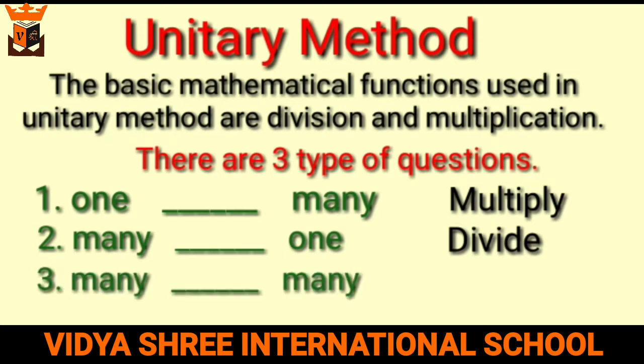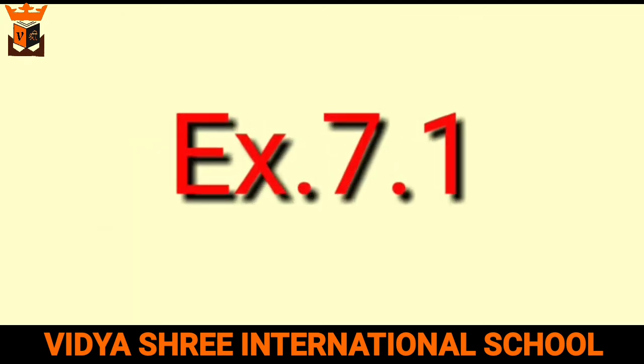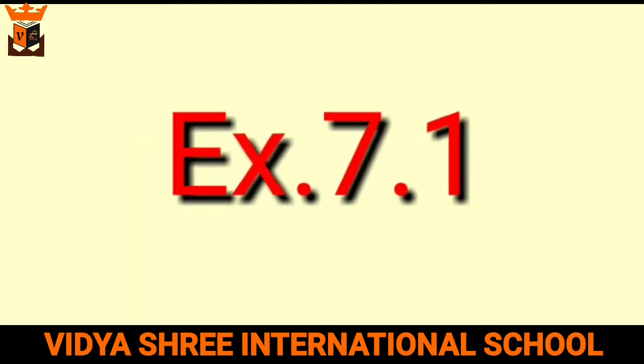In third type of question, when we know the value of many and need to find out the value of many, so first of all we will find the value of 1 by dividing and then find the value of many by multiplying. Now let us try to solve the questions of exercise 7.1 so that all the three methods will be clear to you.